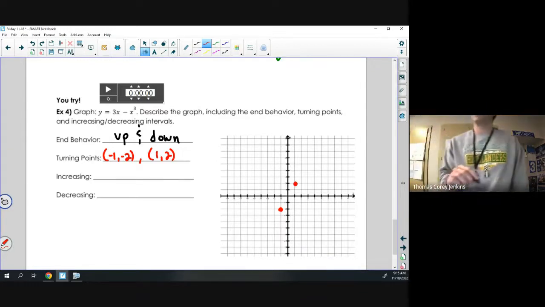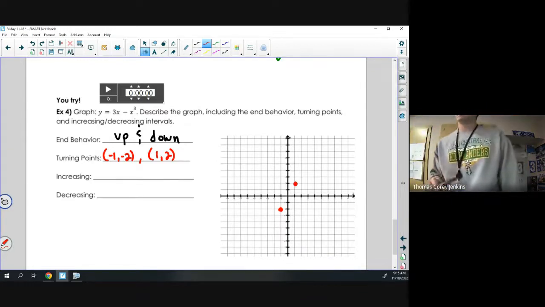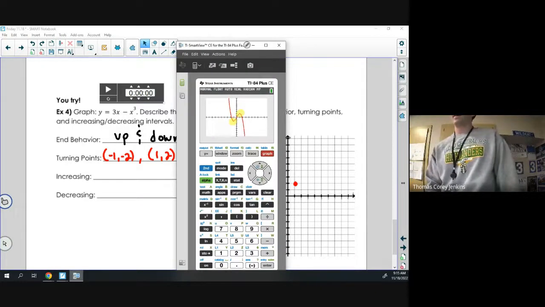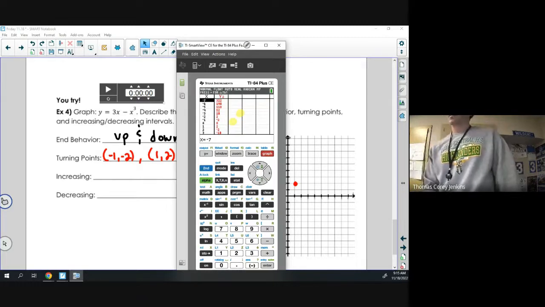All right, so I'm going to go ahead and start to fill some of this out. Turning points and then up and down are up there on the screen. I'm going to finish with any other points I can fit on my table or on my graph, which would be -2 goes to 2 and 2 goes to -2.